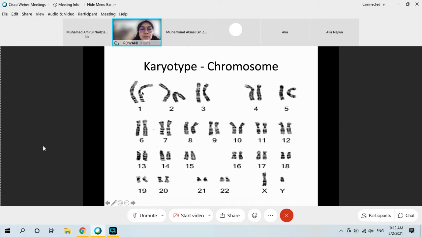The first three are the biggest chromosomes, in which the centromere is located in the center, so they are generally metacentric. Towards the end, the chromosomes are smaller, and some of them are acrocentric. Chromosomes 13, 14, 15, 21, and 22 are all acrocentric chromosomes.